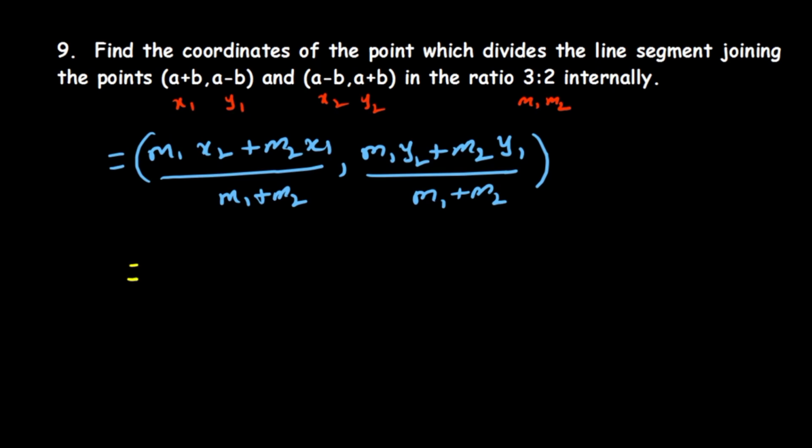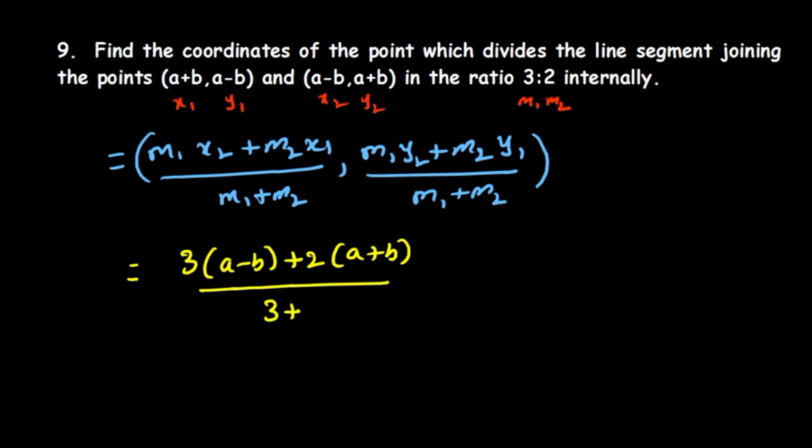So what we do for this, now what is m1 here? This is 3 into x2, which is a minus b, plus m2, this is 2 into x1, which is a plus b, by 3 plus 2. So again m1 is 3 into y2, which is a plus b, and m2 is 2 into y1, which is a minus b, by 3 plus 2.